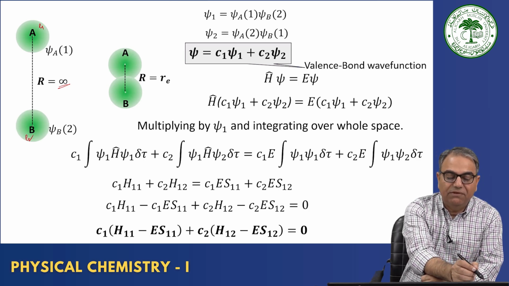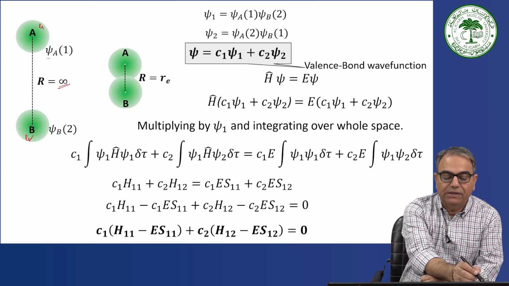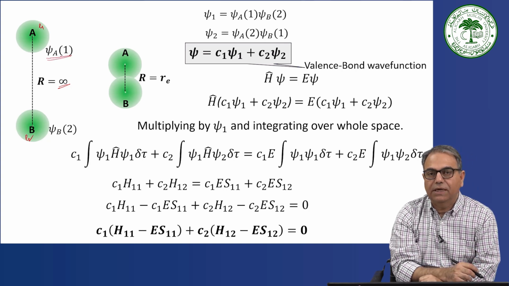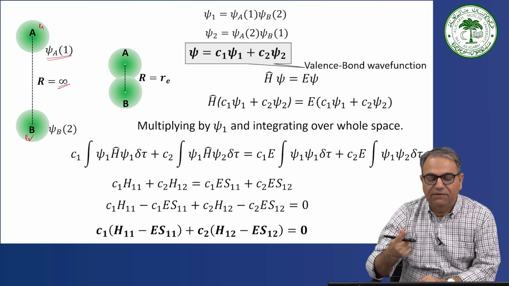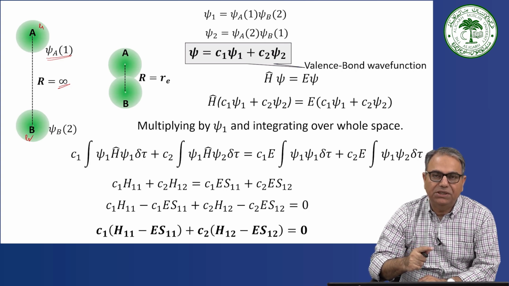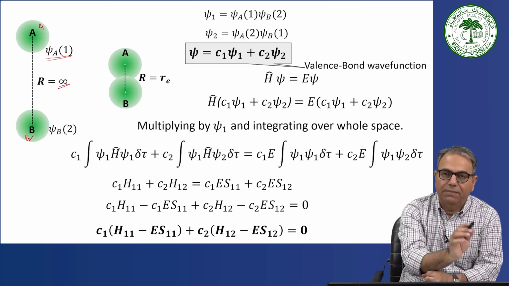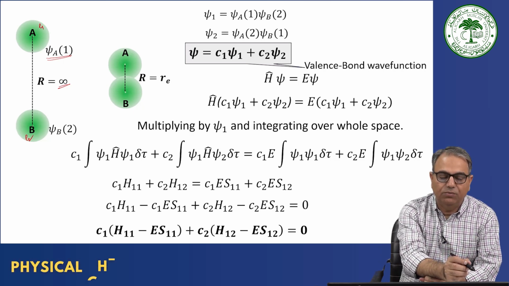And what wave function do you write? The wave function is psi A1. Psi indicates the wave function, and A is for the individual hydrogen atom A. Both A and B are hydrogen atoms, but just to differentiate we write A and B, so that we know there are two hydrogen atoms. But both are the same hydrogen atom. We are talking about the H2 molecule.